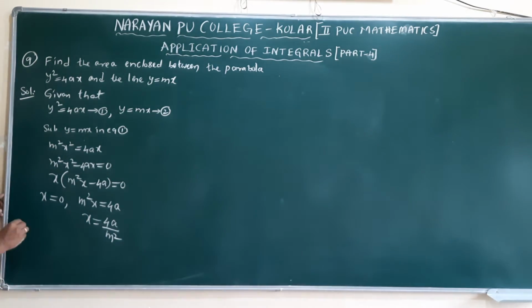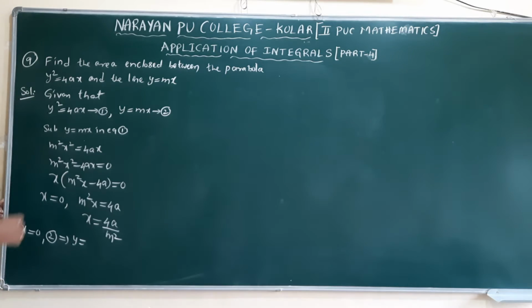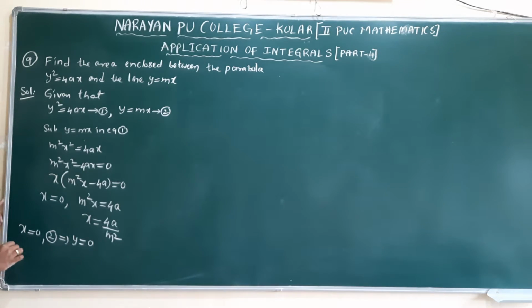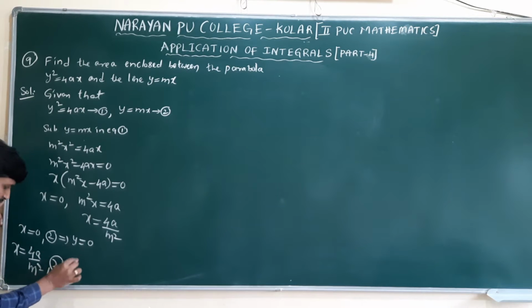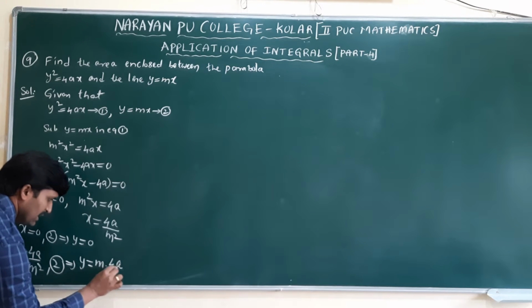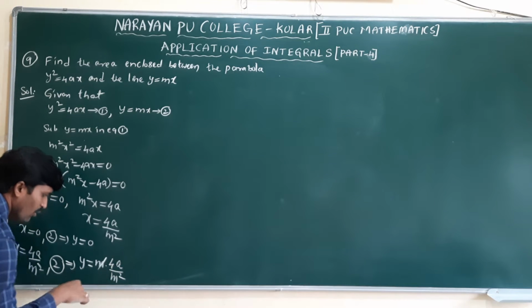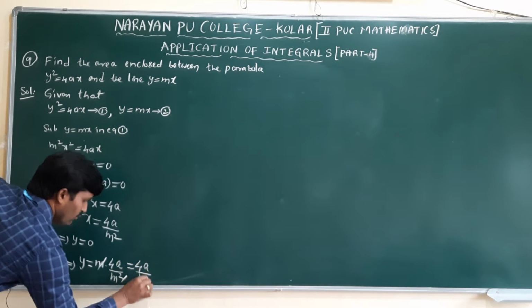Now, if x value is 0, from the second equation, y value we need to find. Y is what? M into x. M into 0, 0. Next, if x value is 4a by m square, from the second equation, y equal to m into 4a by m square. One m gets cancelled. What is the y value? 4a by m.